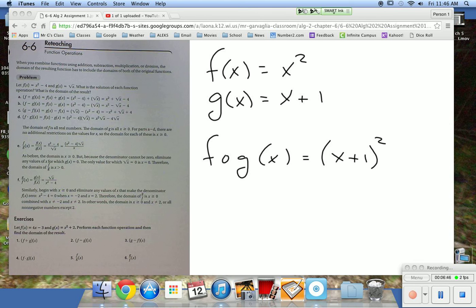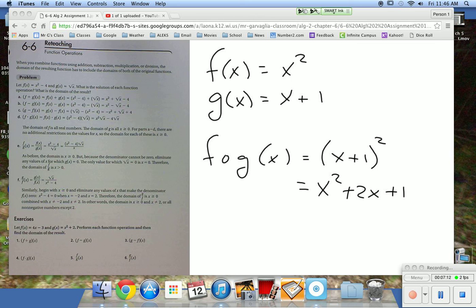The final answer is when you square this out: x squared plus 2x plus 1. So the tough part about this is going to be doing the algebra.